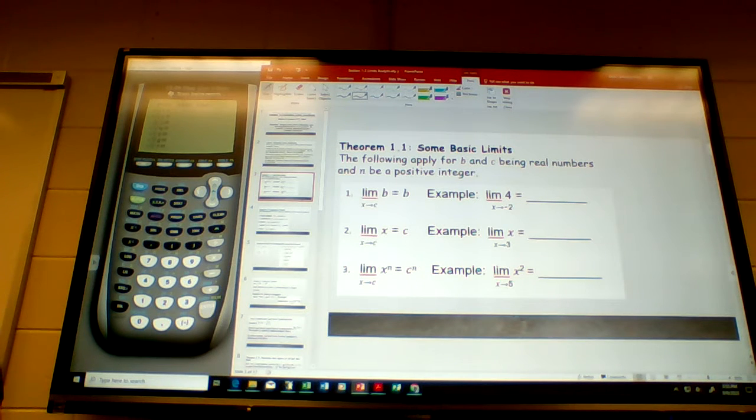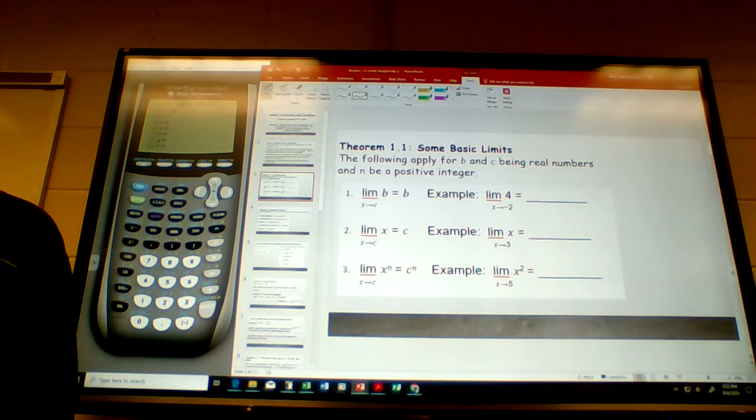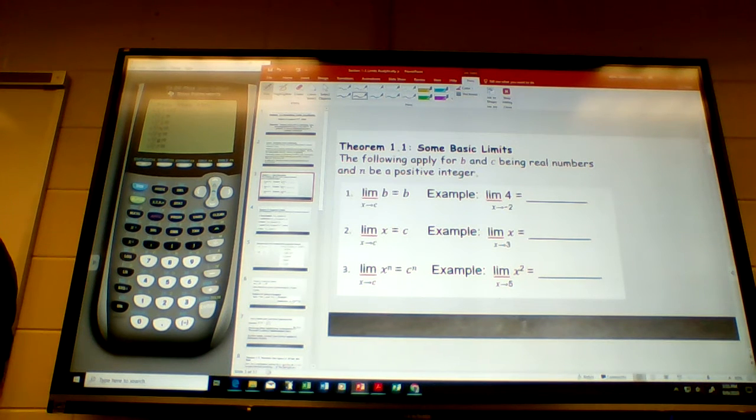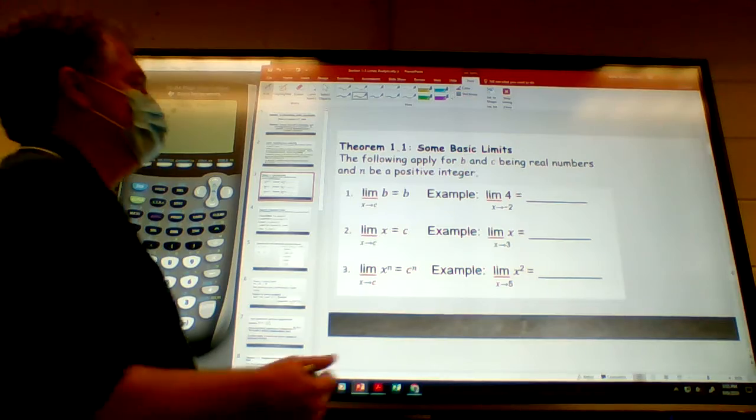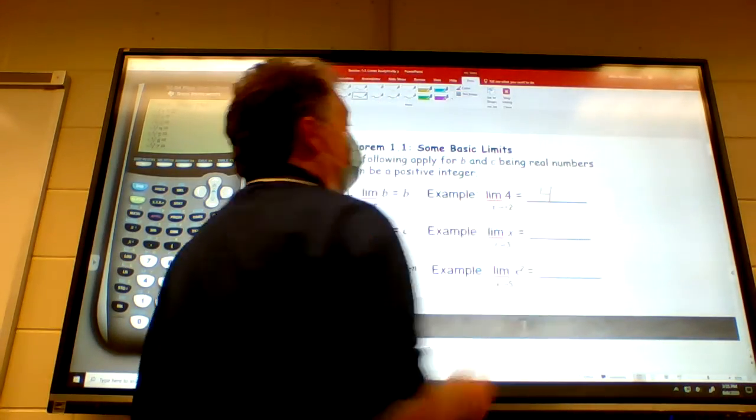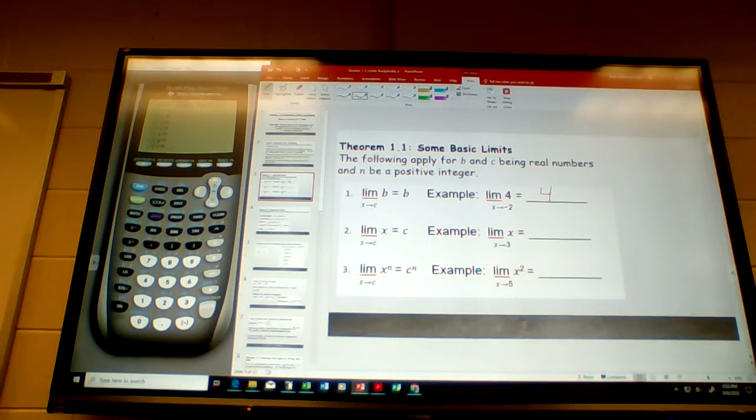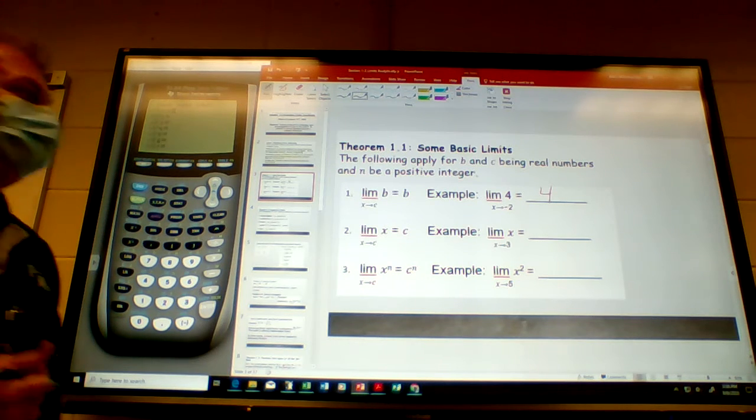So basically, if the limit of 4 as x approaches -2, what's the limit of that going to be? Well, it's going to be simply 4. I know, sounds like a no-brainer, but that's pretty much what it is. If the limit of x as x approaches c is c, then the limit of x as x approaches 3 is going to be 3.